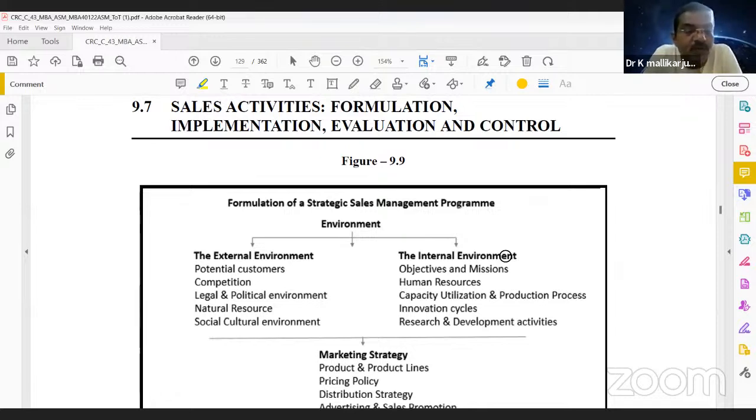Now, in the external environment, one more thing is the competition. In perfect markets there are n number of buyers and n number of sellers, and no individual can influence the market price. You can see Uber and Ola.